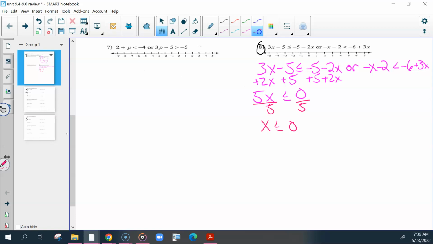On the other side, I'm going to move my 3x over instead of the other way around, just so I have x on this side. And add 2 to the other side. We have negative 4x is less than negative 4.